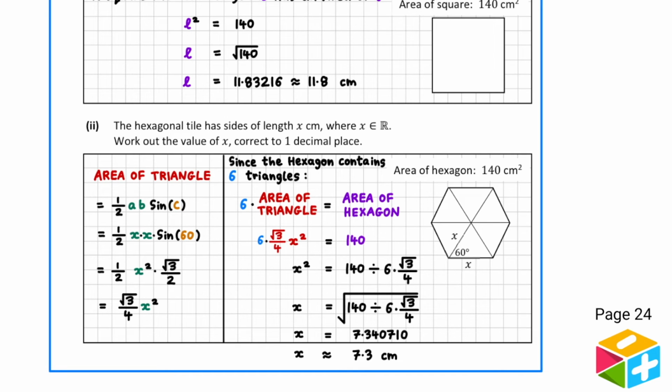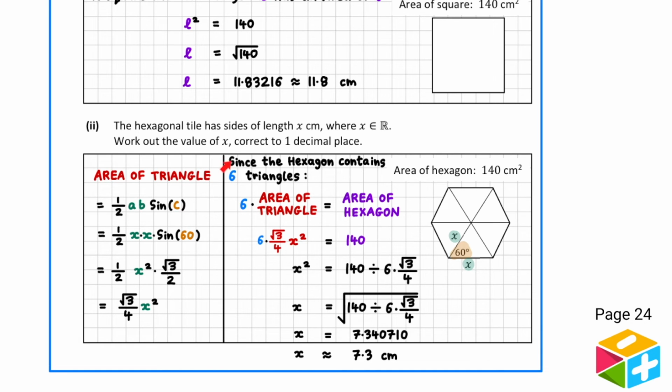In the next part of the question, we must find the side length of one of our hexagonal tiles. This is a bit trickier. Thankfully, we've been provided with a diagram with some helpful labels. In this diagram, the hexagon is split into 6 equal triangles. One of these triangles has 3 labels written in: a 60-degree angle and 2 sides marked as x.